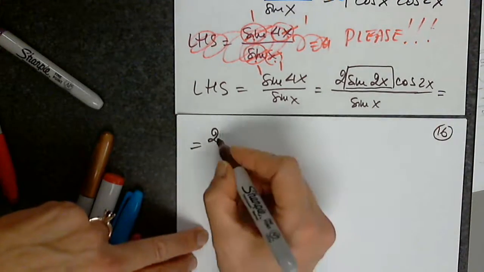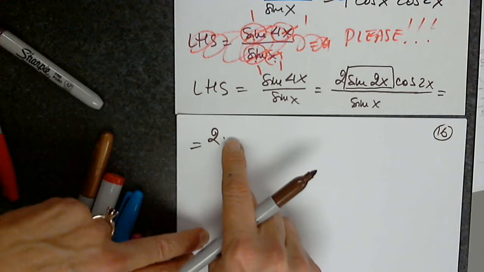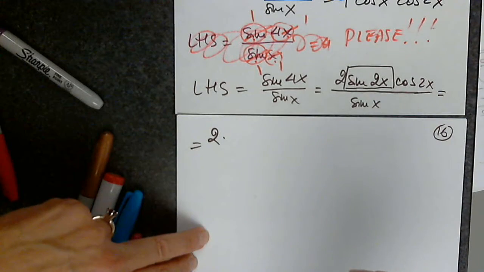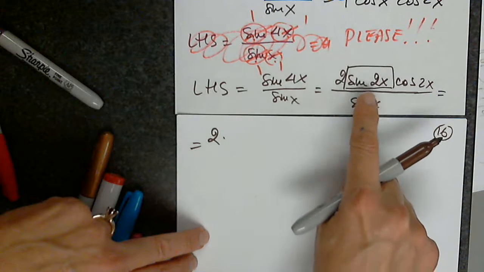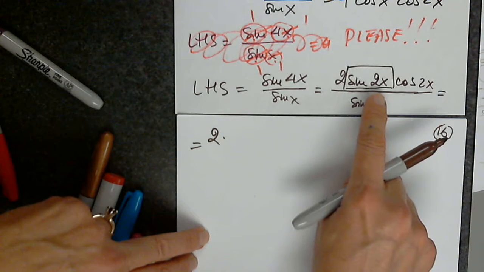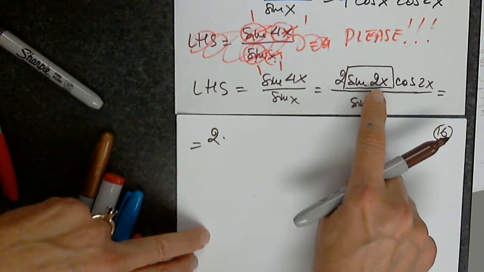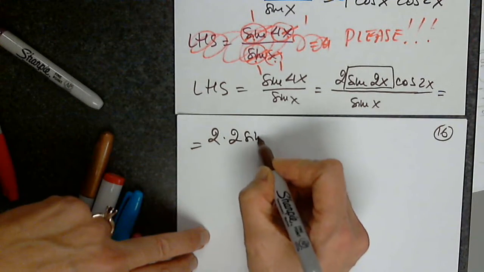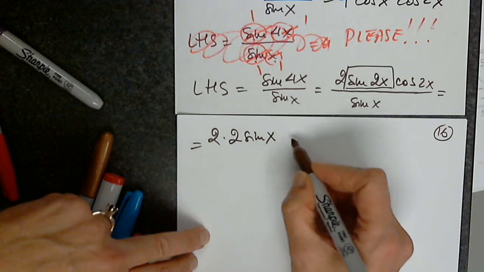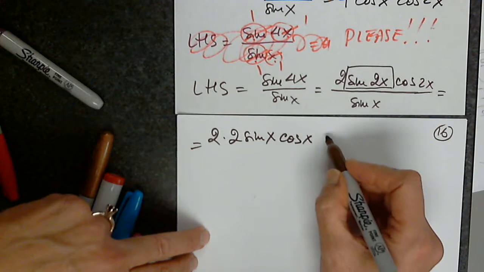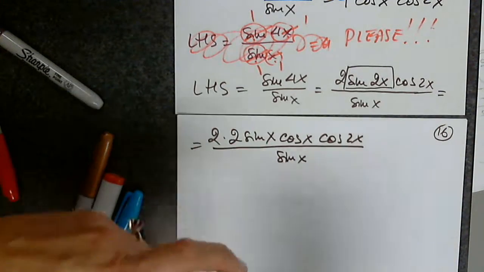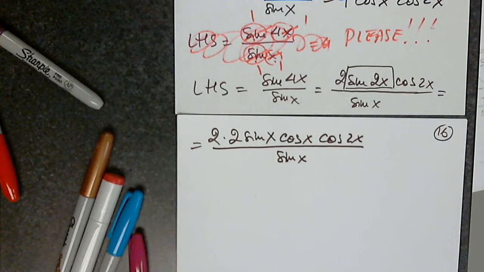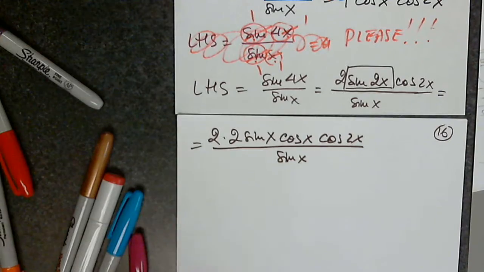And you already said it. Instead of this, I write, careful, what do I write instead of this? 2 sine x cosine x, times cosine 2x. And it's done. And I had no idea how I was going to get it. What goes away?